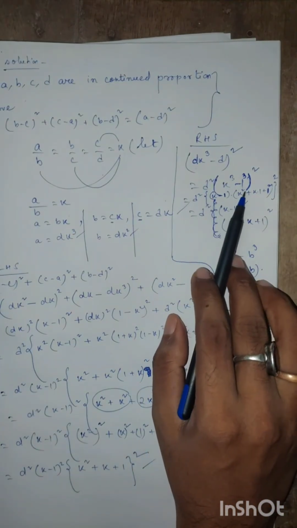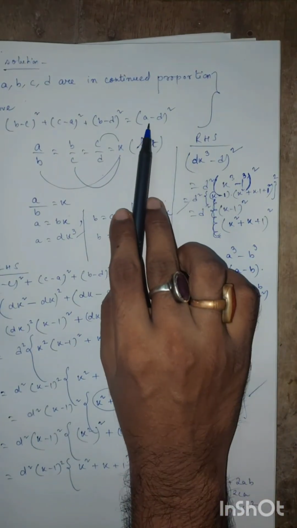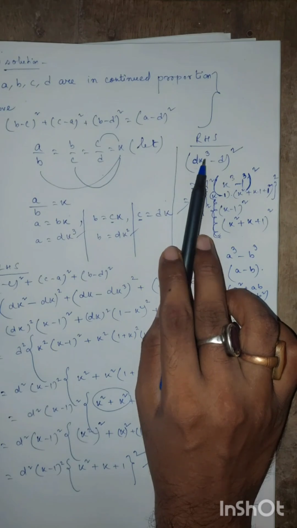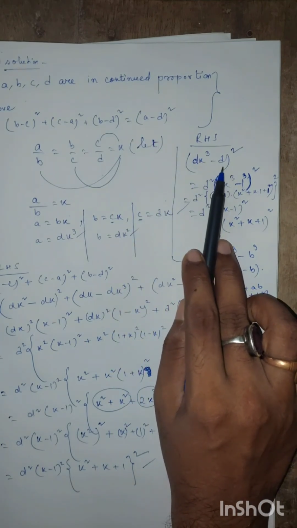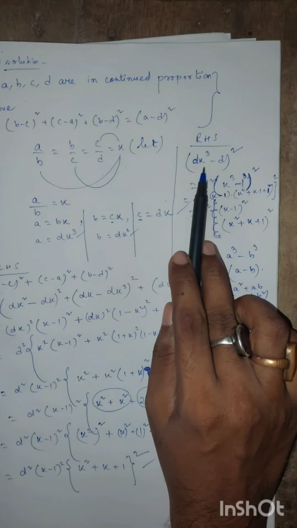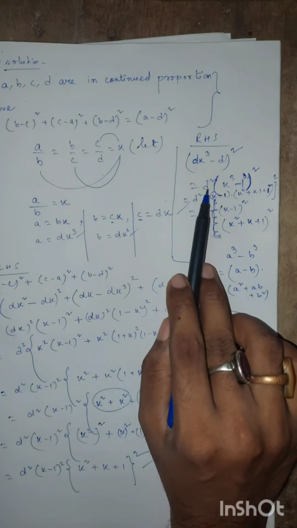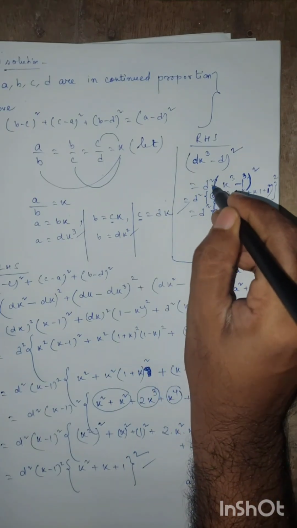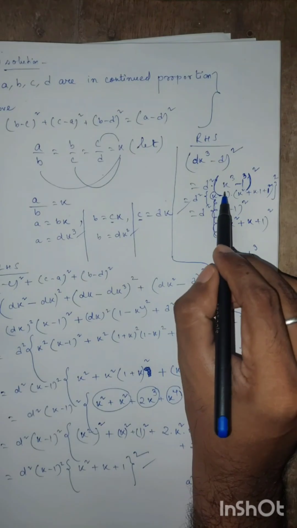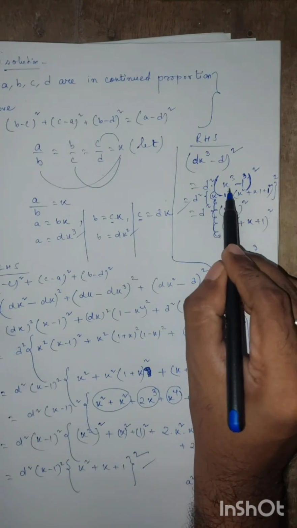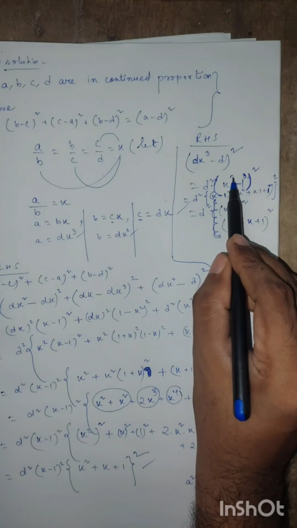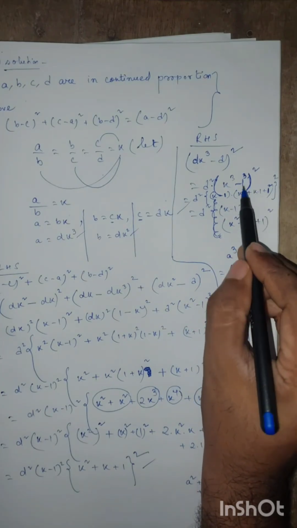See carefully, when we put d k cube in place of a, we are getting this, and after that we are taking d common. When d comes outside the bracket, it becomes d square, and inside the bracket we are getting k cube minus 1 whole square. So k cube minus 1 can be written as k cube minus 1 cube whole square.